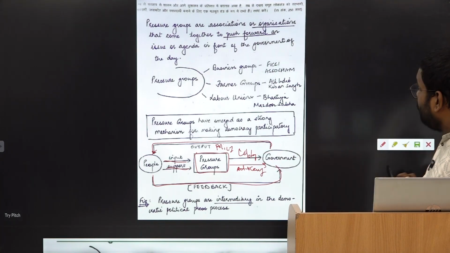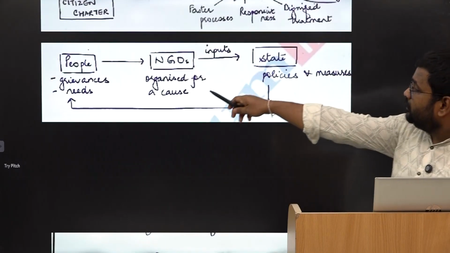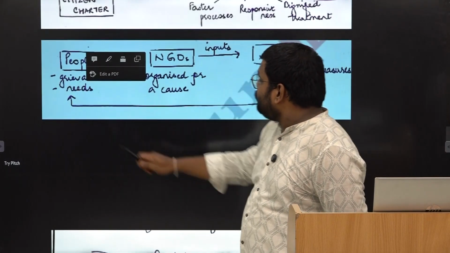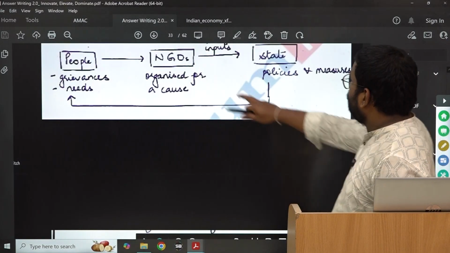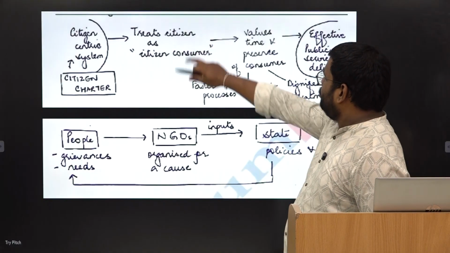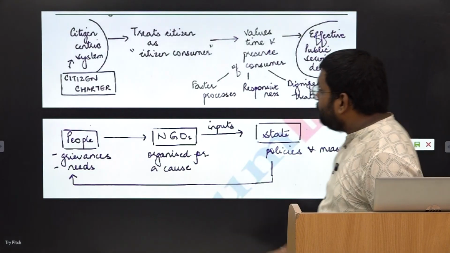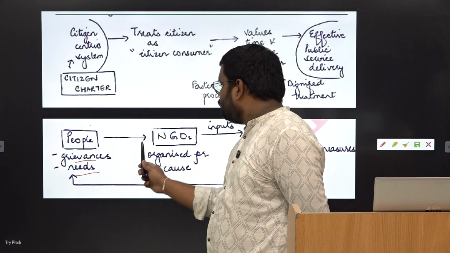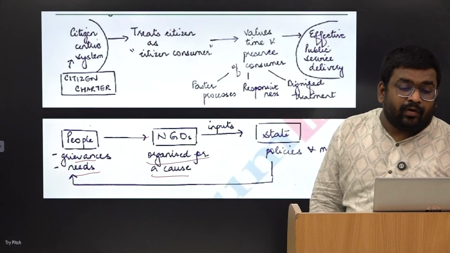Similar input output diagram you have for the NGOs. So people bring their grievances and needs to NGOs, which organize for a cause.